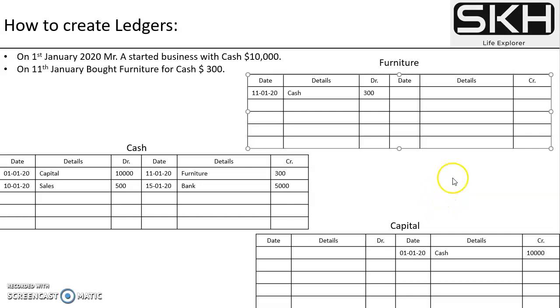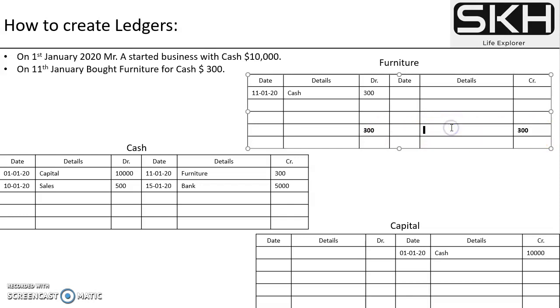So guys, to do that, first of all, you have to see the amounts in the debit column and the credit column. In the furniture account, there is only one transaction, and that is on the debit column. So I will do the total here for the debit column, and the same total you have to write on the credit column. So step number one, you check which side is the bigger side.